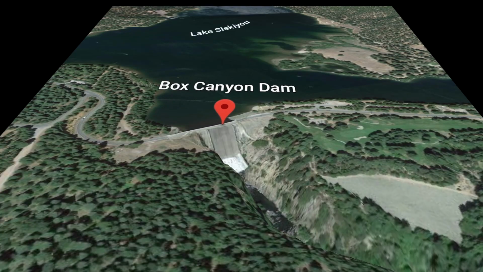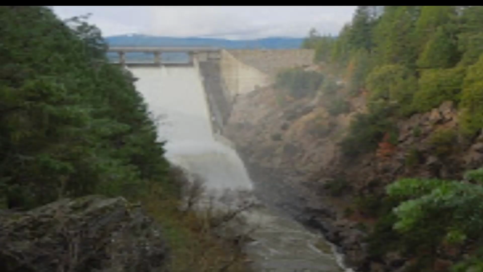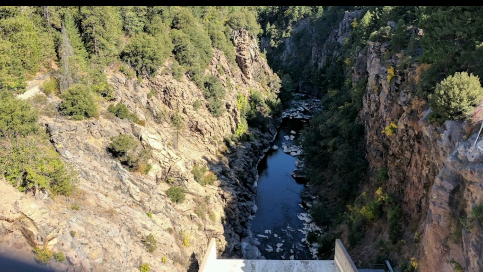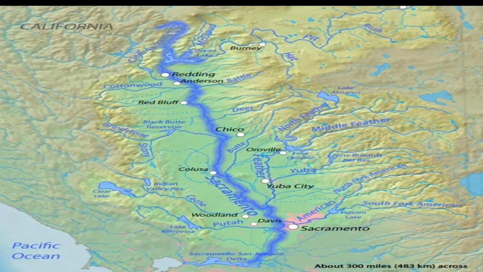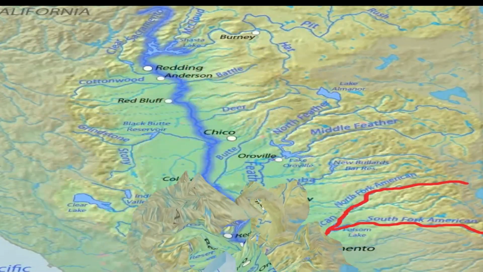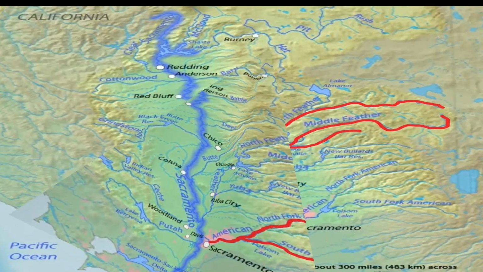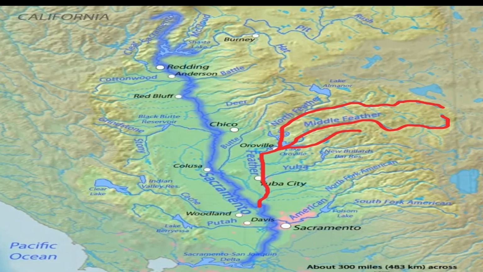The Sacramento River starts high in the mountains of Northern California. Originating in the Klamath National Forest, the Sacramento River's main feed starts at the Box Canyon Dam, where several creeks, as well as the north and south branch of the Sacramento River, all come together and form Lake Siskiyou. There are 3 main rivers that flow into the Sacramento River: the American, the Feather, and the Pitt Rivers.